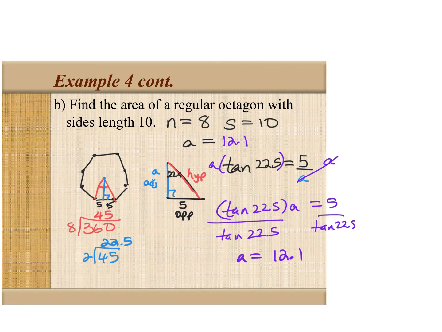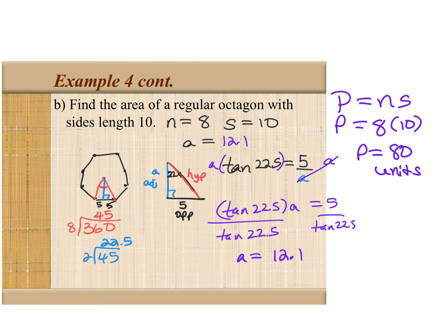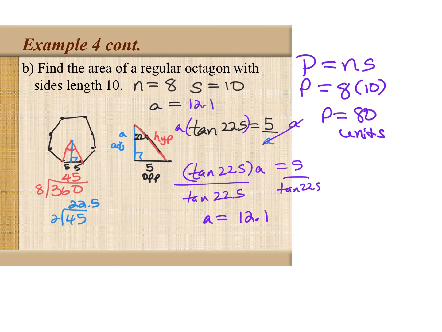Now that I have the value of the three variables, plug it into the formulas. Now notice it only said area, but I'm going to go ahead and do perimeter as well. Number of sides times side length. Number of sides in an octagon is 8. The side length was given to me, it was 10. So the perimeter is 80 units. Next, I'm going to plug it into the area formula. 1/2 apothem times perimeter.